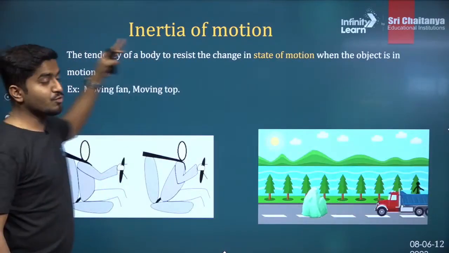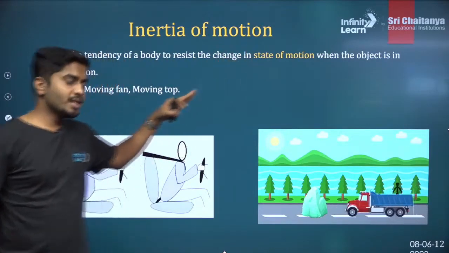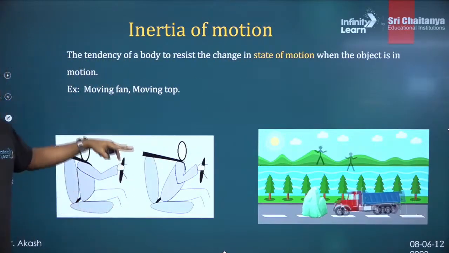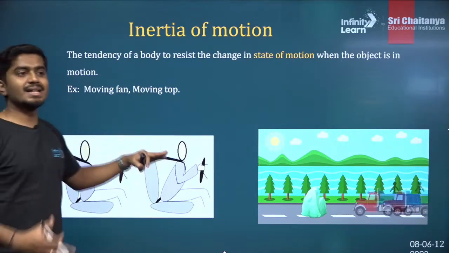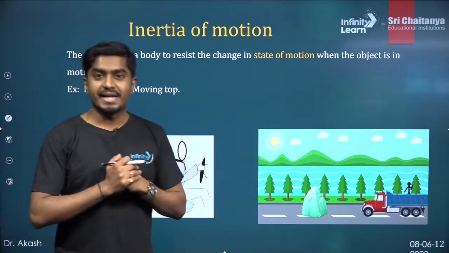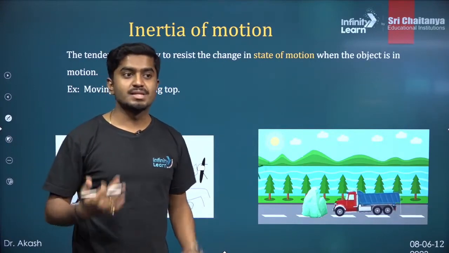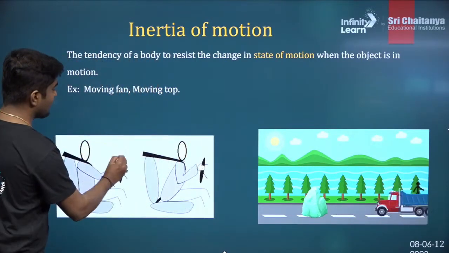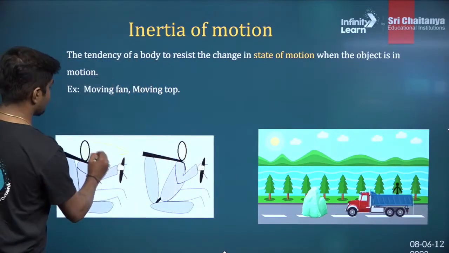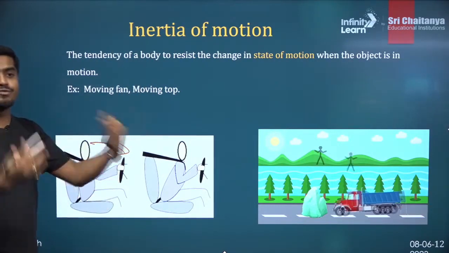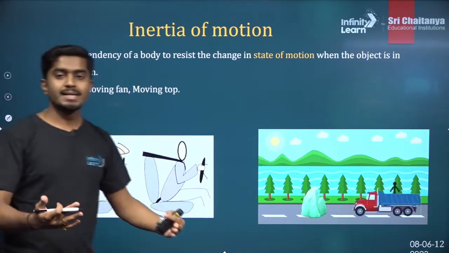So now, what is inertia of motion? Suppose you are inside a car and suddenly the driver applies the brake. What happens? You will get a jerk in the forward direction. You will be pushed forward, right?